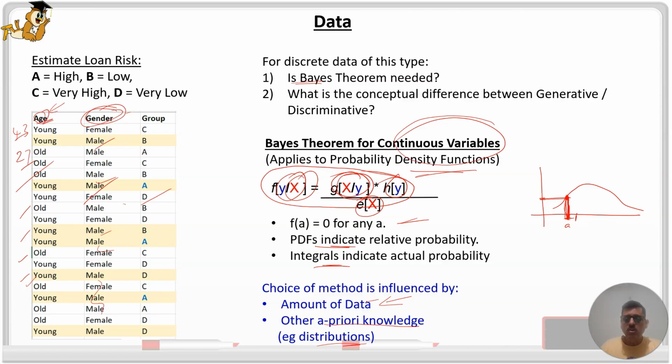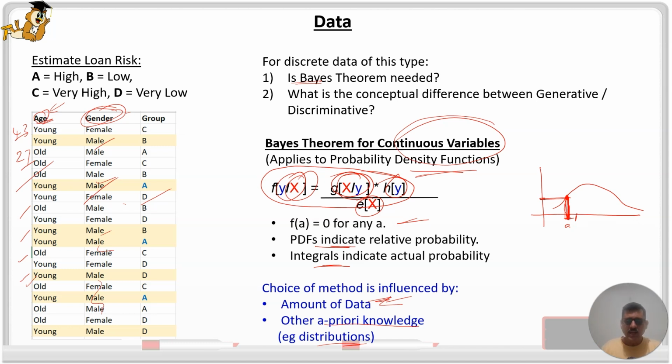And of course, the amount of data. If you are going to model probability density functions on the basis of finite data, clearly you could do it better one way as opposed to another, right?